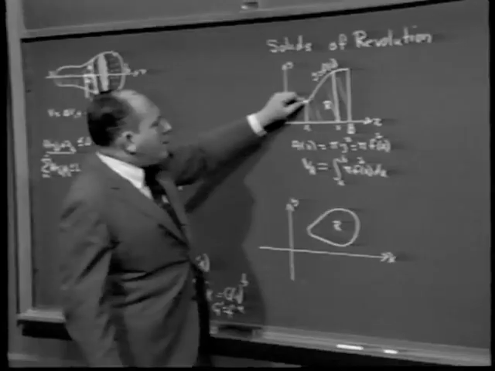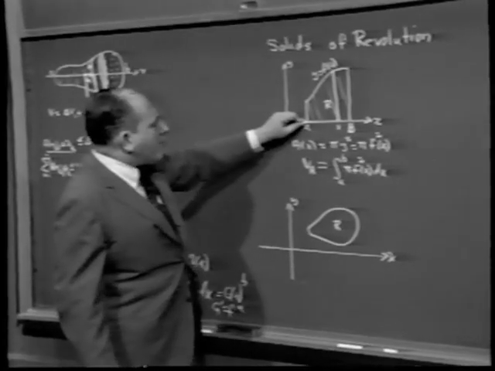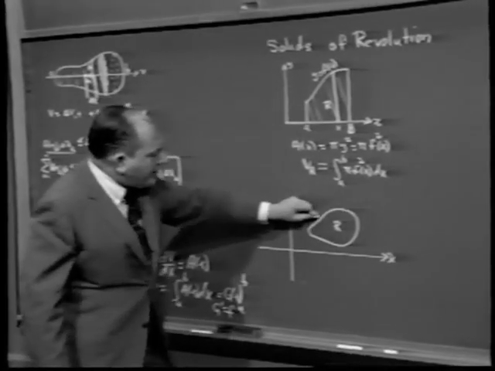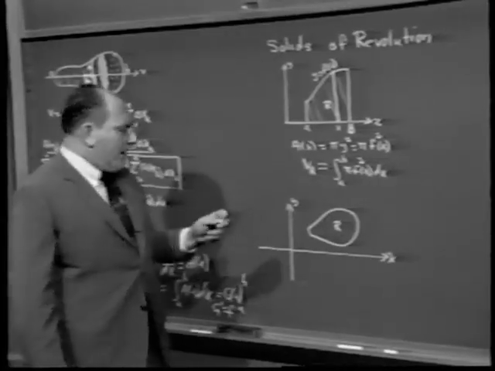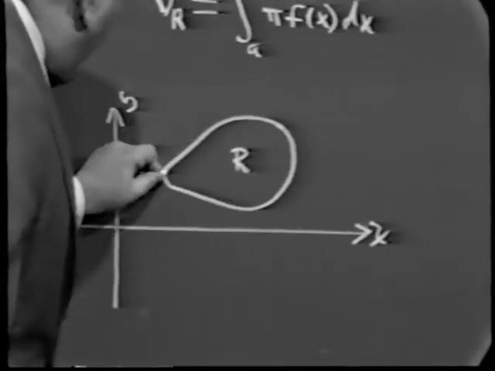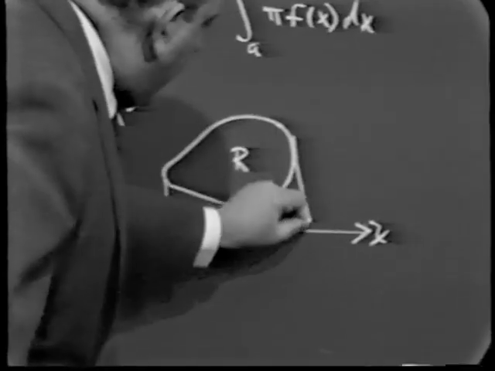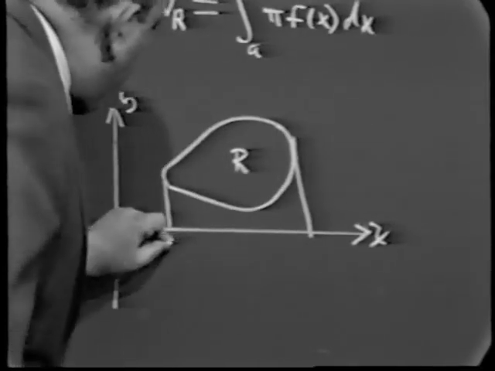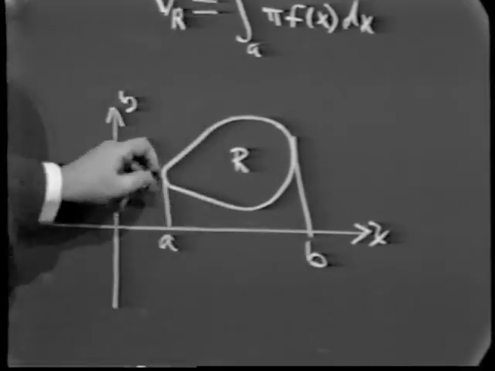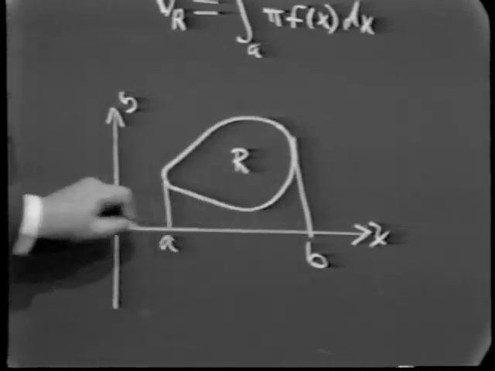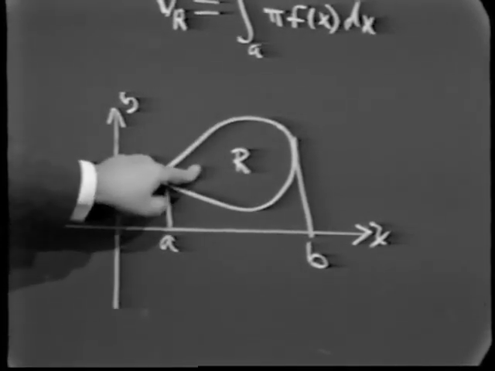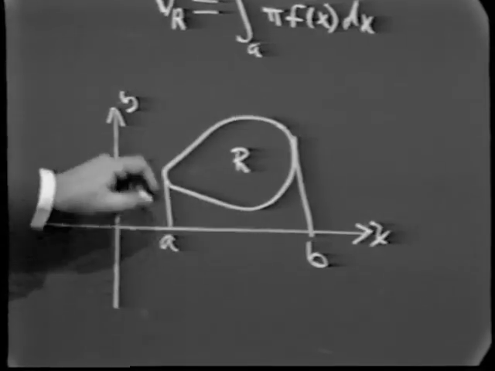Remember when we talked about areas, we mentioned this was highly specialized. What if you had a region like this? And again, sparing the details, observe that if we have a region like this, we can draw in the lines where the curve doubles back. We can now visualize this as the difference of two volumes.